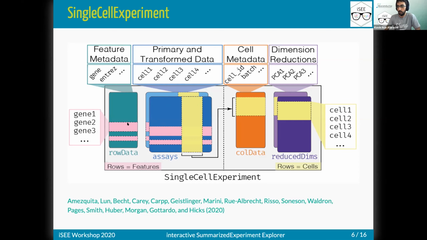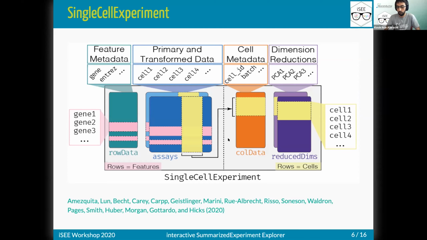You have the metadata on your features, stored in a slot called rowData. Similarly, you have the same for the columns, where you can store sample or cell-wise QC metrics, for instance. And then there's this extra slot for the reduced dimensions. The rule there is that it has as many rows as the assay has columns, and each column in the reduced dimension is a dimension.